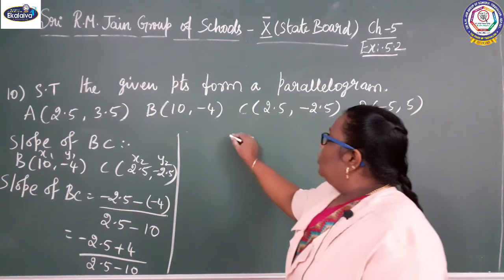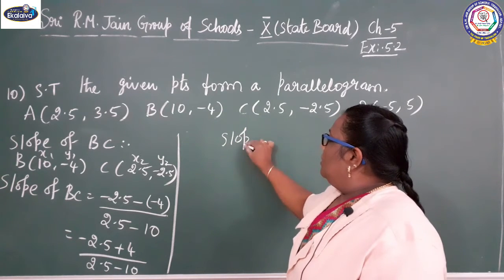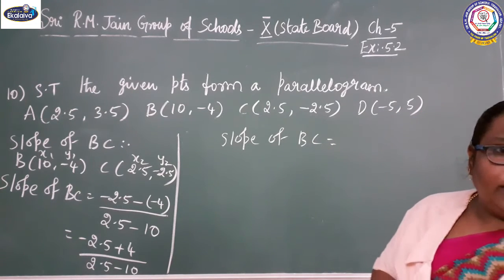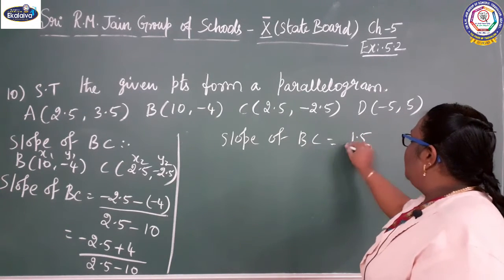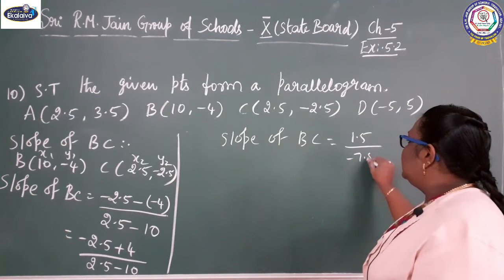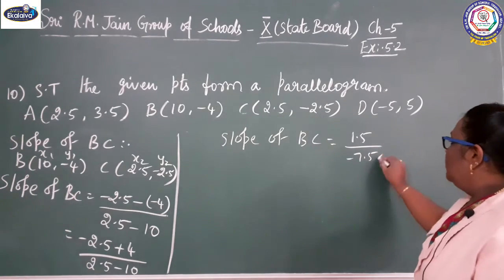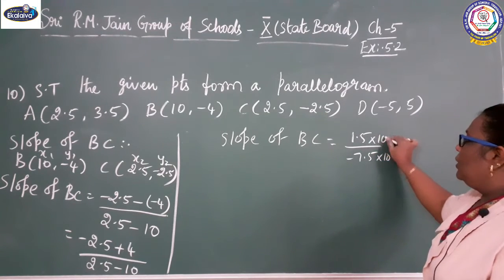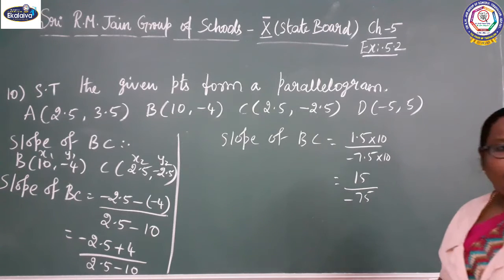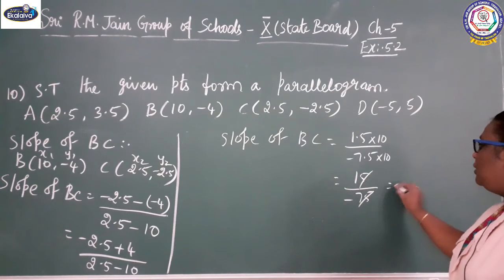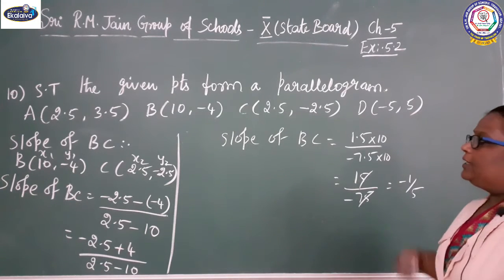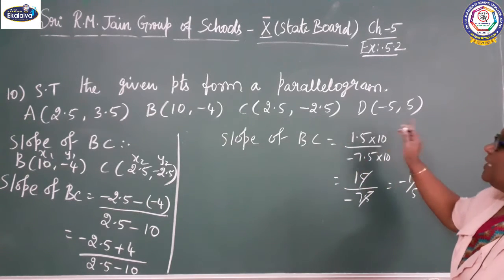See here, slope of BC equals 4 minus 2.5 is 1.5, by 2.5 minus 10 is what? Minus 7.5. So into 10 you are getting the value 15 by minus 75. When we cancel the value, what is the value you are getting? Minus 1 by 5.